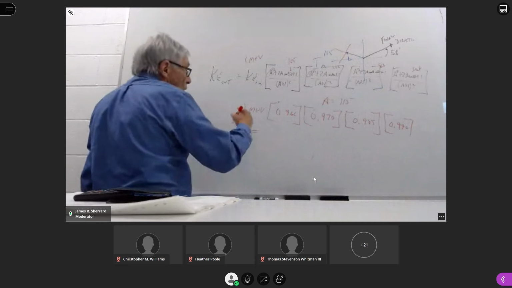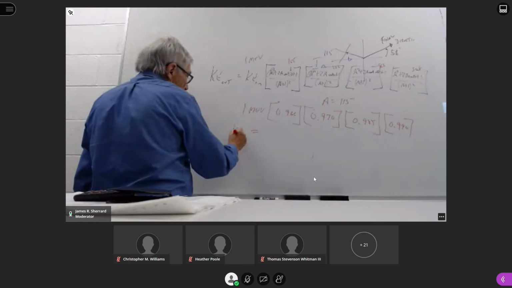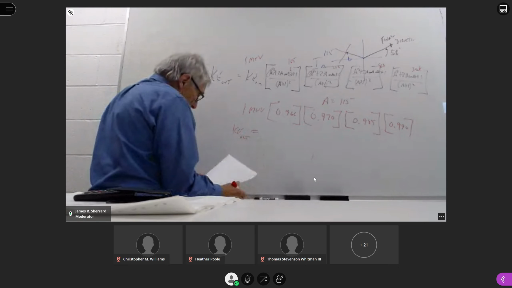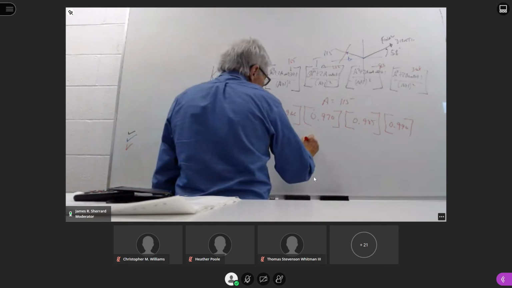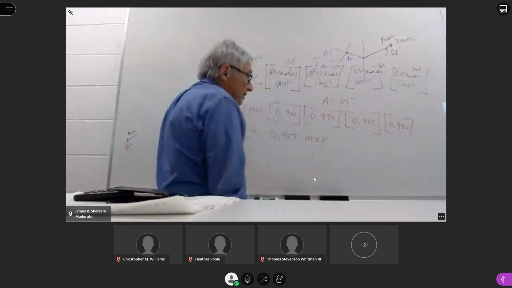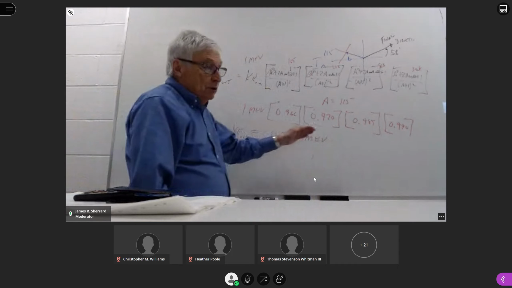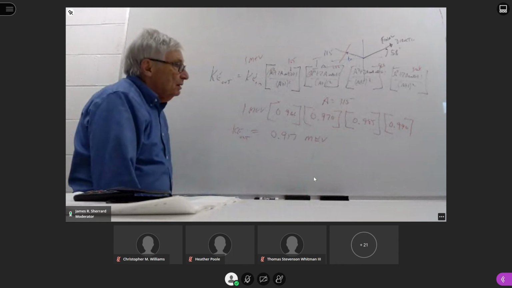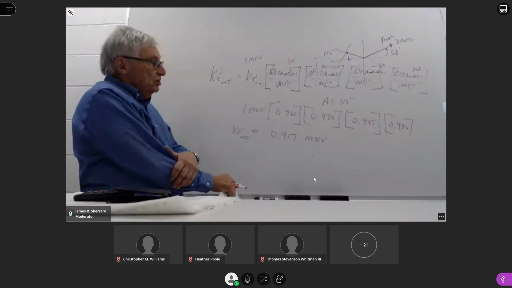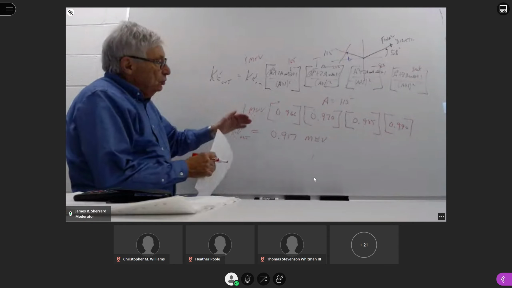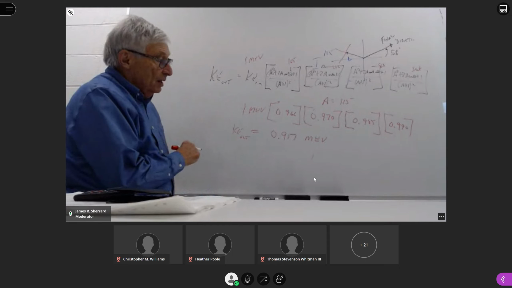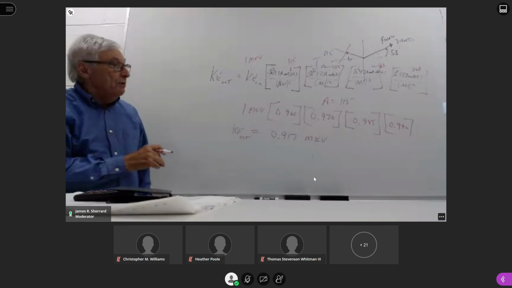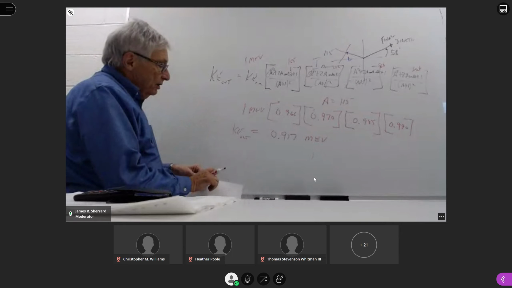When I multiplied all of those out, I had my final energy out as 0.917 MeV. And I could have kept doing this depending upon if I had 5 scatters, 6 scatters, whatever. You can still use this chain rule to get a final answer. Any questions on what we did for either the direction of travel or the final energy?